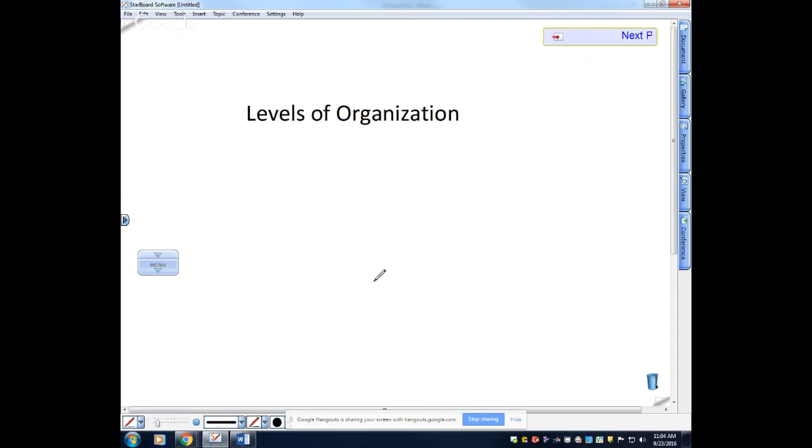Okay, so when we look at the living organism, it has different levels of organization. And so generally we call this the biological hierarchy of organization.